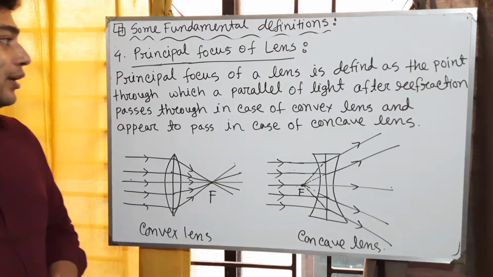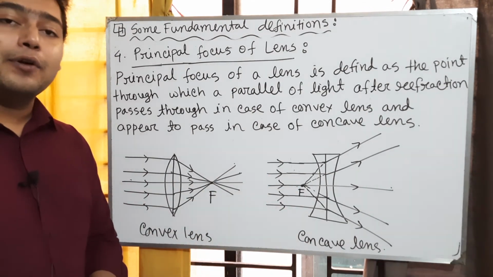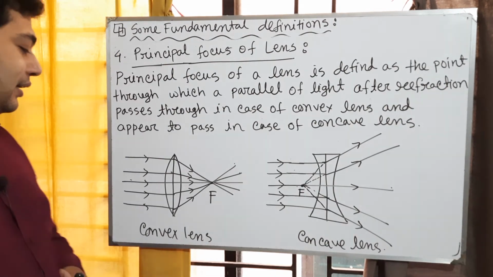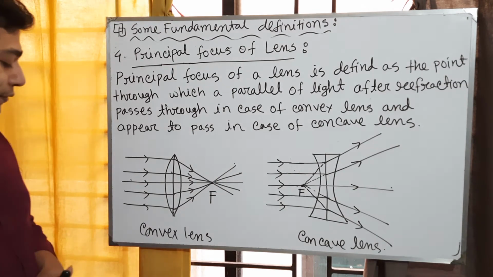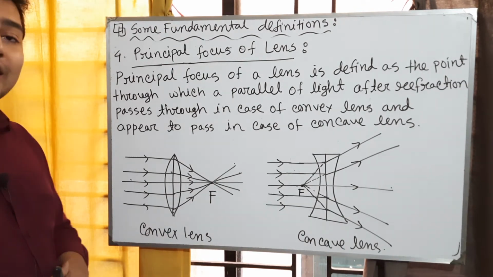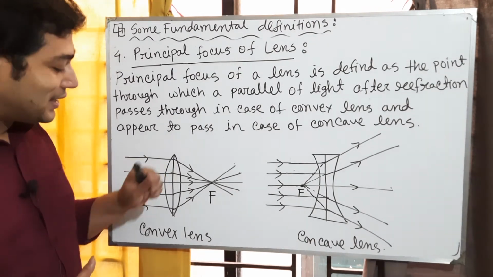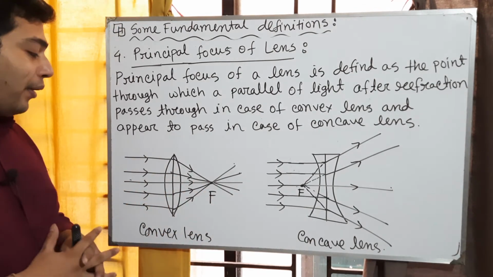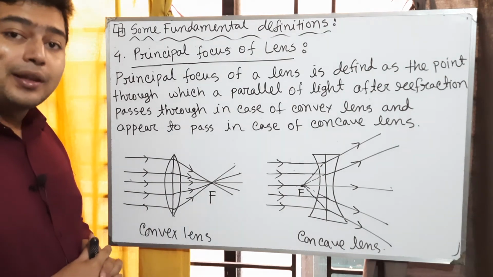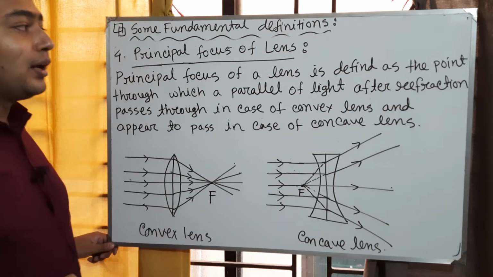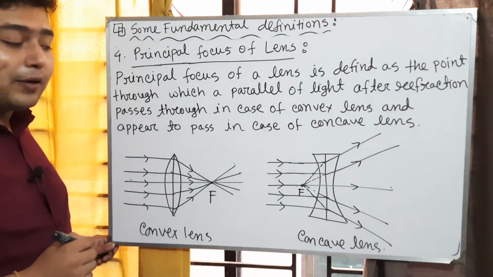Principal focus of a lens is denoted by capital F. Here in the figure, the first one is for the convex lens, where the light rays converge at a point, the principal focus. So this point is called the principal focus of the lens.